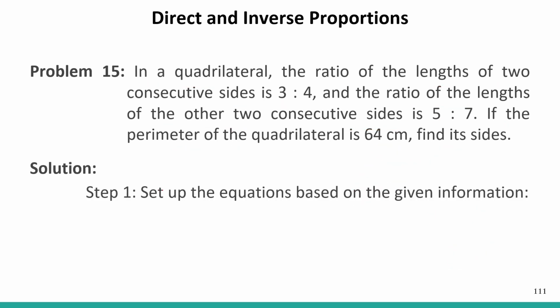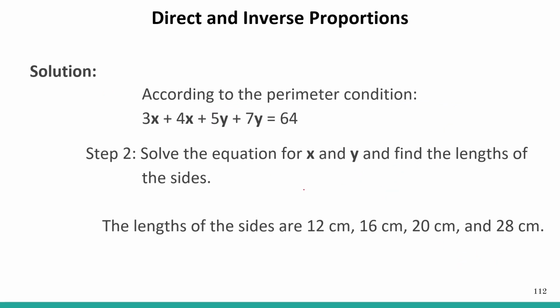Okay. So setting up the equation based on the given information. So 3x plus 4x plus 5y plus 7y is equal to 64. Okay. So we can say that 7x plus 12y is equal to 64. Right. So this implies that x plus y is equal to 64/7. Right.